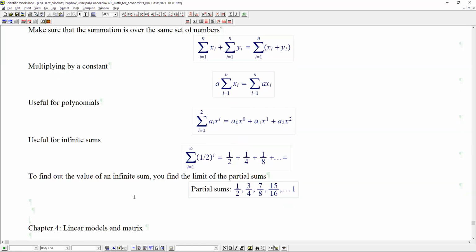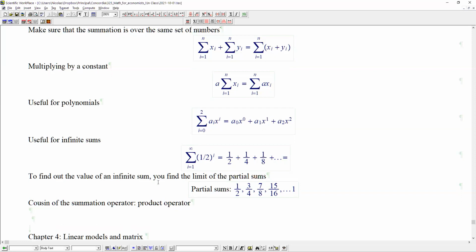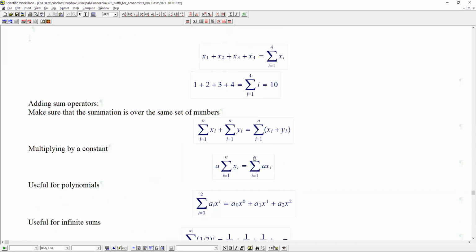Okay, so now the cousin of the summation operator, the product operator. So it's exactly the same. It's just that instead of adding together stuff, we multiply them.